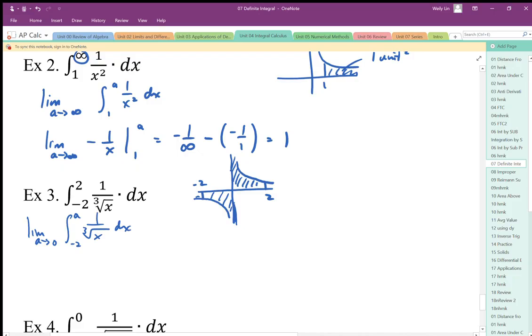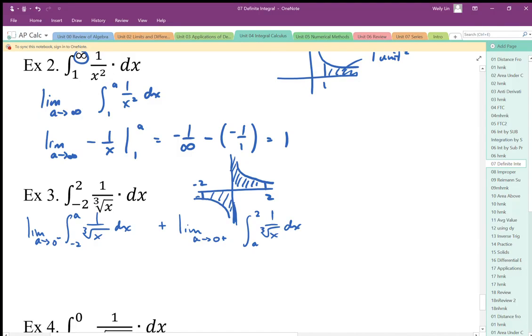Then I need to find this area, and I need to add that to the area on the other side. As a goes to 0, this one goes to 0 from the negative side. This one's going to 0 from the positive side. And then the integral from a to positive 2 of 1 over the cube root of x dx.